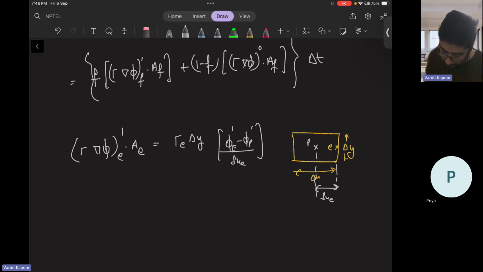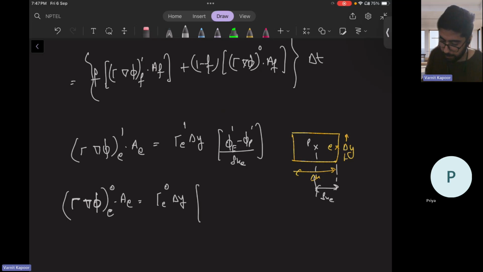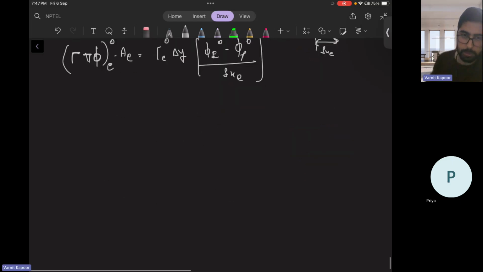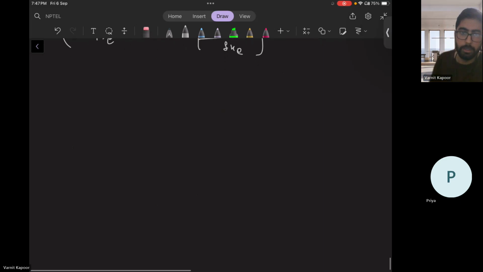Similarly, if I want to write at 0 at the east face itself, dot A east, then it will be again Γ east at 0, delta y, φ east at 0 minus φ P at 0 over delta x east. Okay, you will write like this. Now for the source term, how will you write?